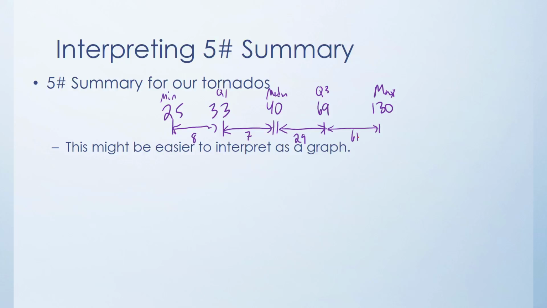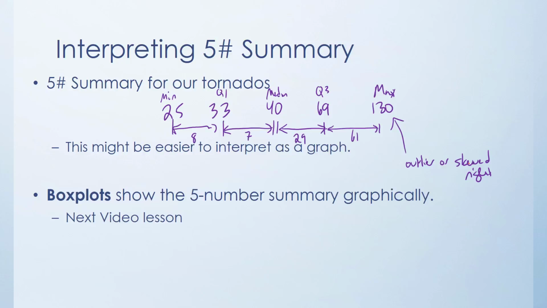So this tells us that this 130 is either an outlier or that our distribution is skewed right. And it may in fact be both, because our distance from the median to the Q3 is also more spread out than from Q1 to the median. So box plots are going to show our 5-number summary graphically. That's going to be in the next video lesson.